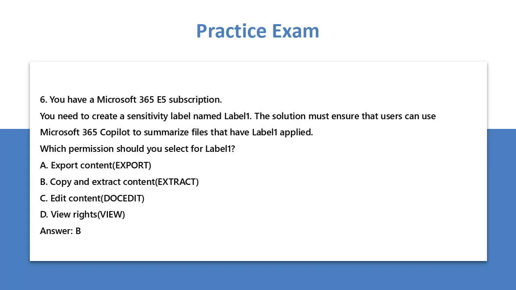6. You have a Microsoft 365 E5 subscription. You need to create a sensitivity label named Label1. The solution must ensure that users can use Microsoft 365 Copilot to summarize files that have Label1 applied.